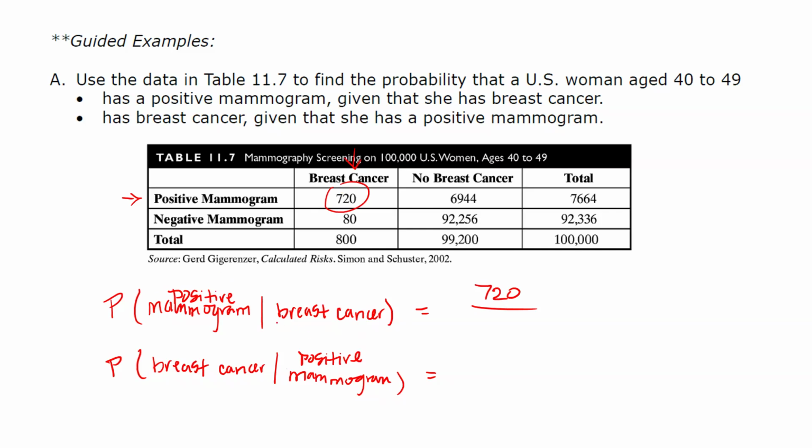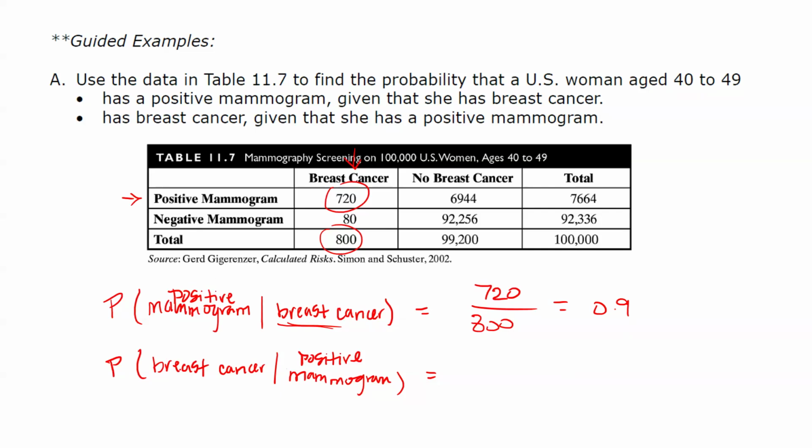Well, the last demographic that we are given. The people that we're looking at are the people who have breast cancer. Given that they have breast cancer, how many of them had a positive mammogram? So breast cancer is the pool, the sample space that we're looking out of. And how many total people have breast cancer? 800. So this will equal 0.9.